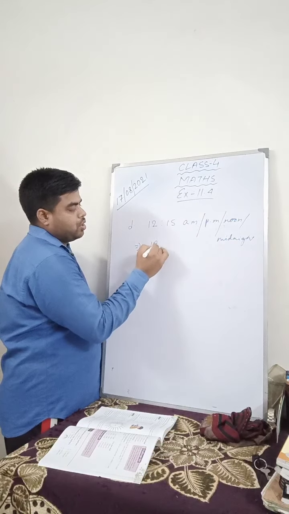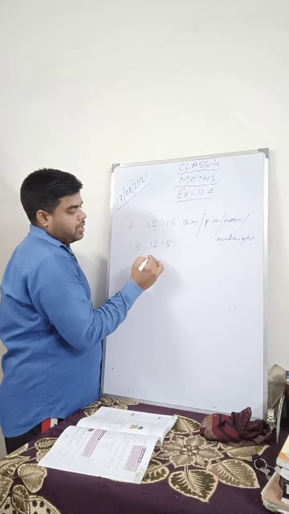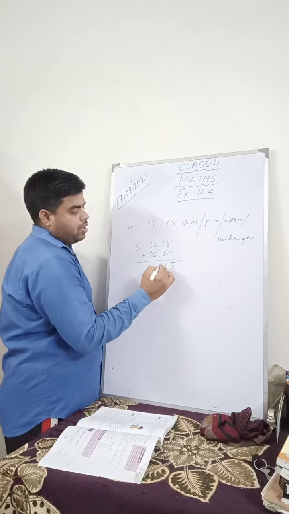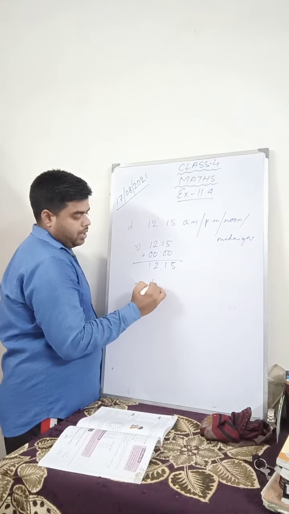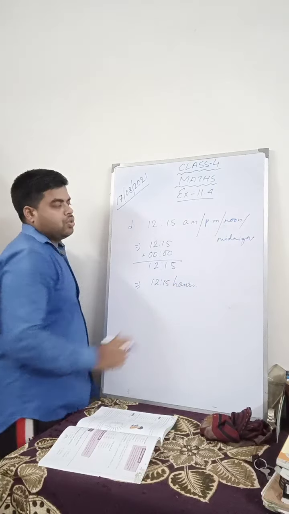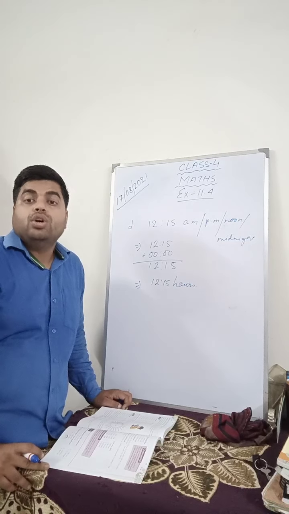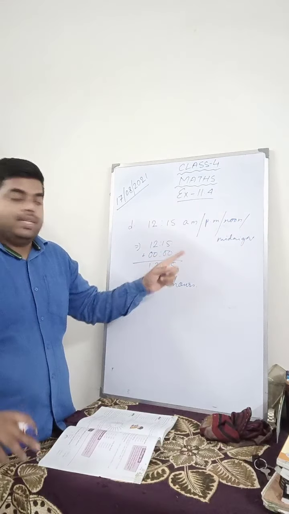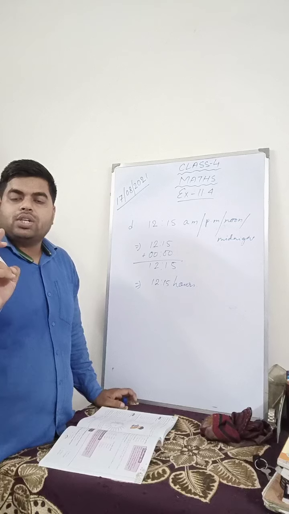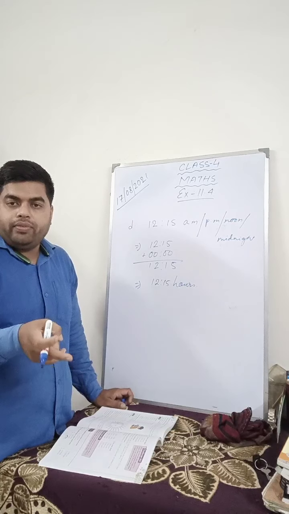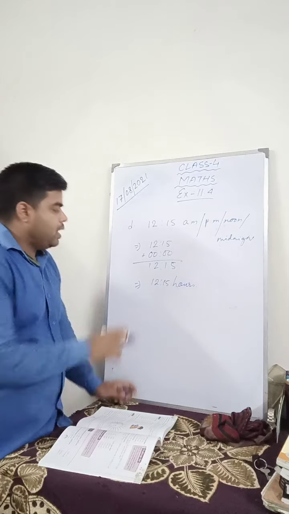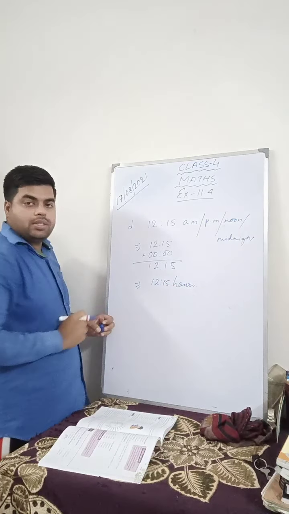So you will write 1215 hours. Whatever it is, AM, PM, noon, midnight, if they ask you to convert from 12 hours to 24 hours, you will add 0, 0. It's very simple, and after the addition you will write hours.